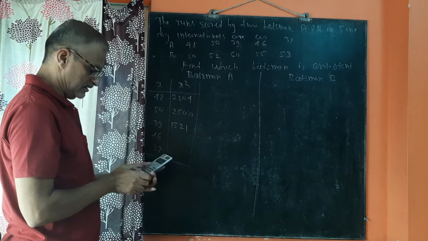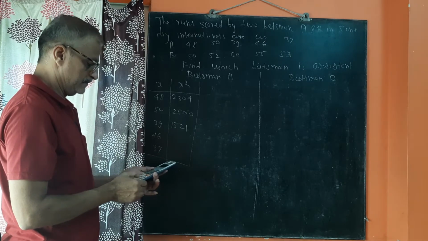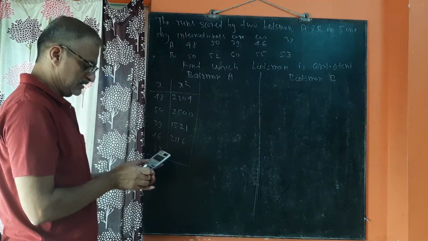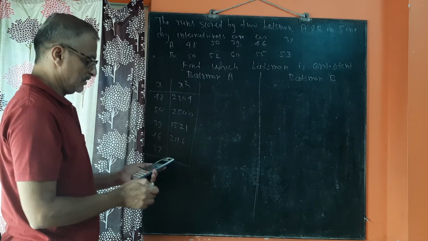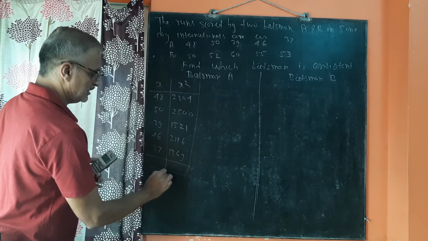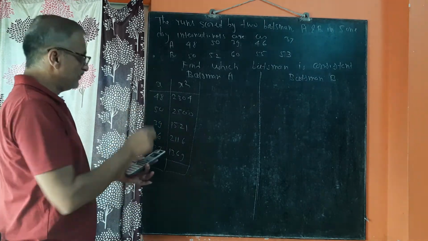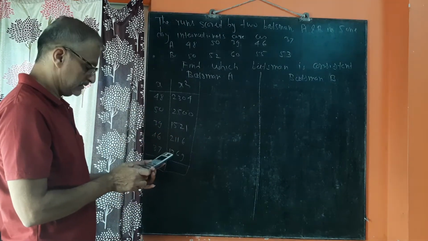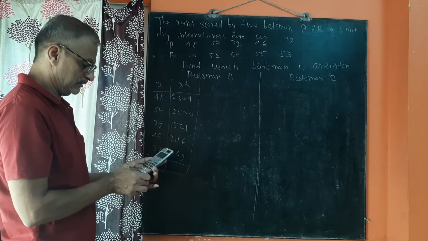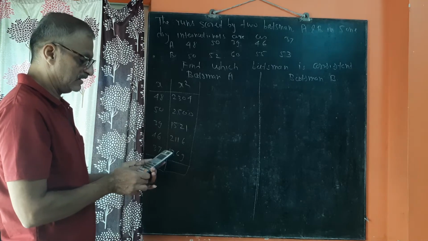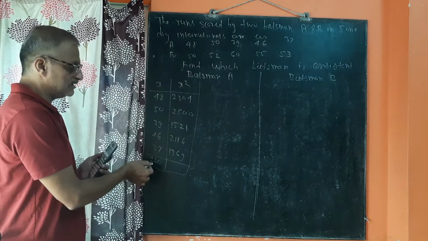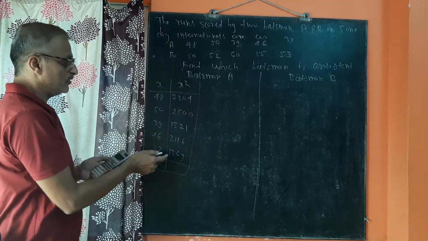Then 46 square, 2116. And the last one is 37 square, that is 1369. Let us find the sums. The sum of X is 48 plus 50 plus 39 plus 46 plus 37, which comes to 220. So the total number of runs scored by batsman A is 220.